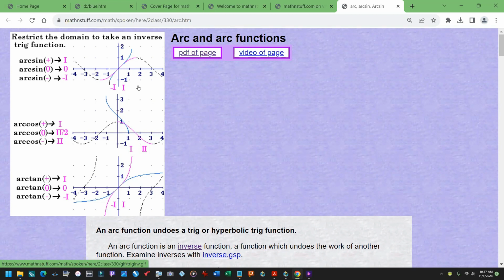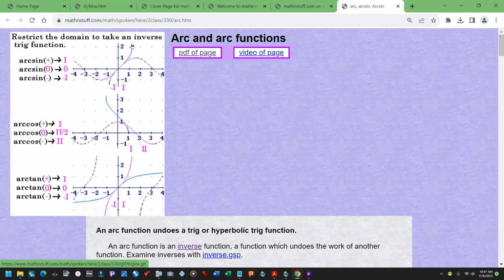So if I just restrict the domain of what I'm going to call the arc function to numbers that, and we have to have all of them, have to be between 1 and -1, then I can look at just this piece of a curve.